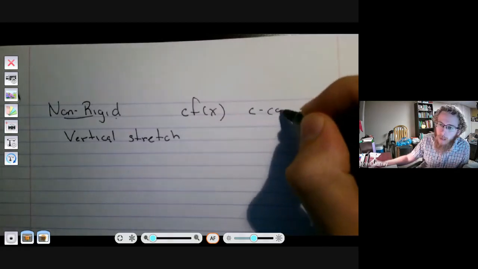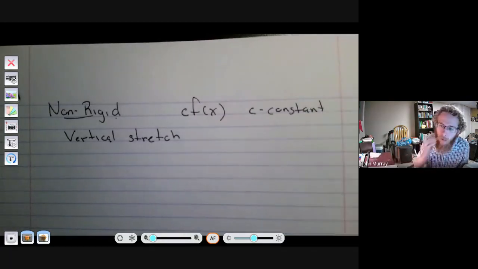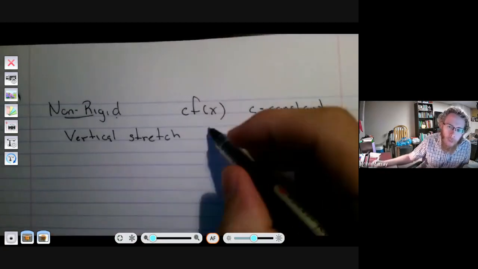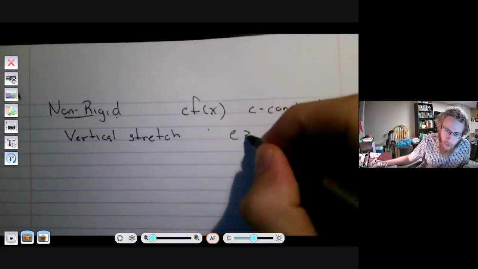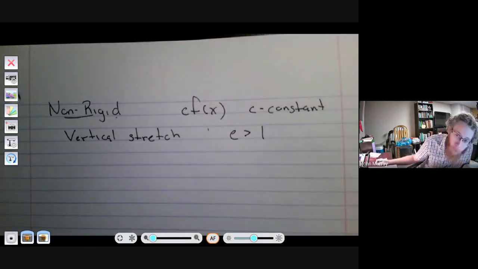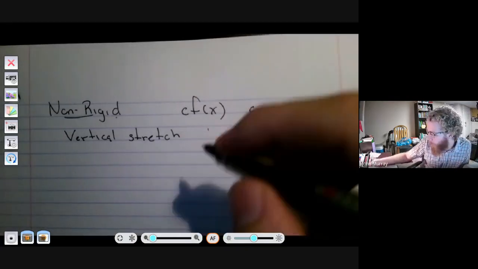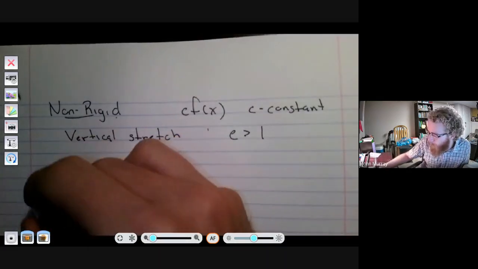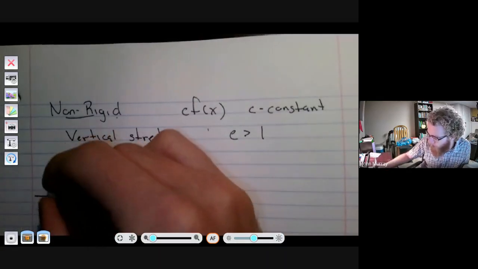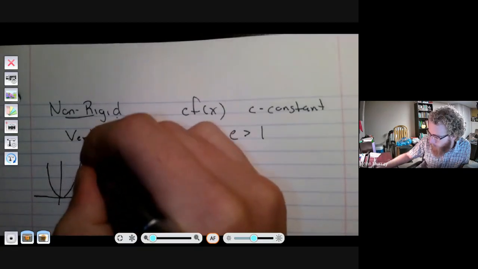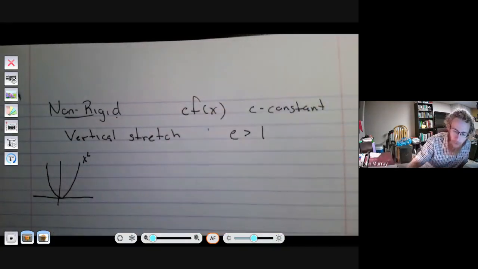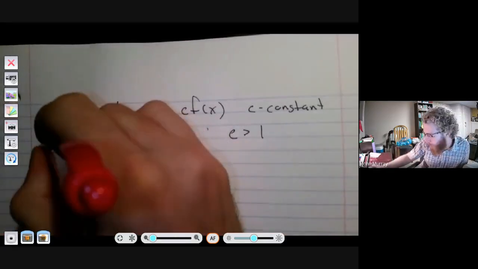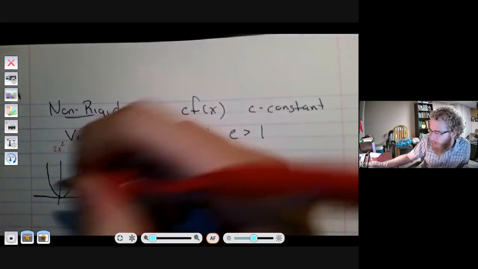Okay, C is just some number. So we get a vertical stretch if C is greater than 1. Okay, so if we look at x squared again, because that's a very basic, easy function, right? This would be my normal x squared. So if I did a vertical stretch and say I did 2x squared, we'll do it in red here, right?